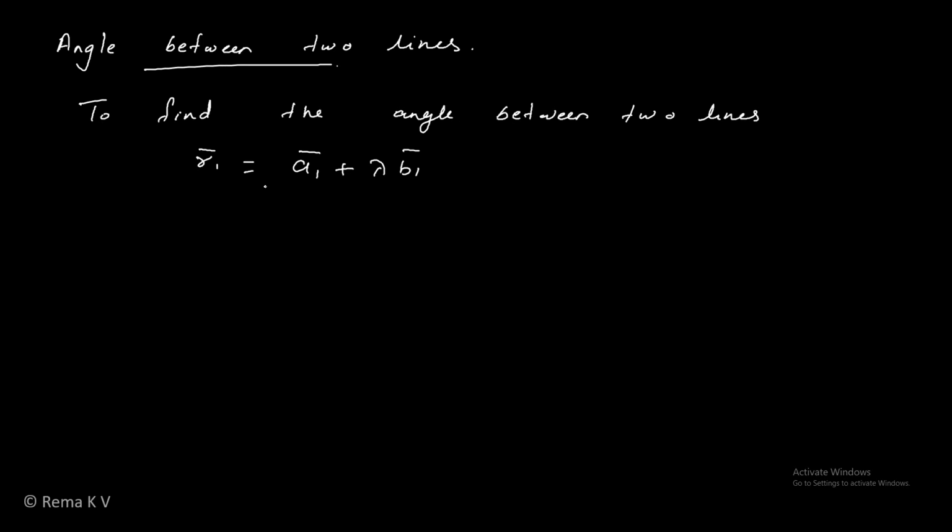This is one line. Next line is r is equal to a2 plus lambda b2. Vector forms of two lines are given here. So to find the angle between these two lines, it is enough to find the angle between the two vectors b1 and b2.